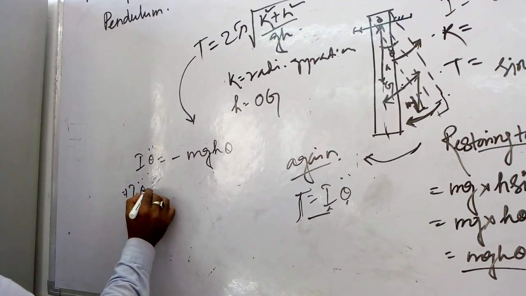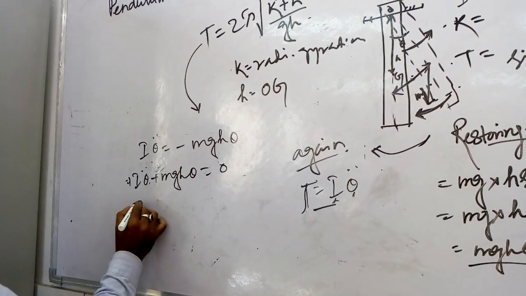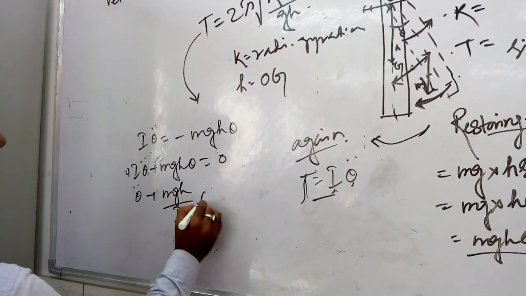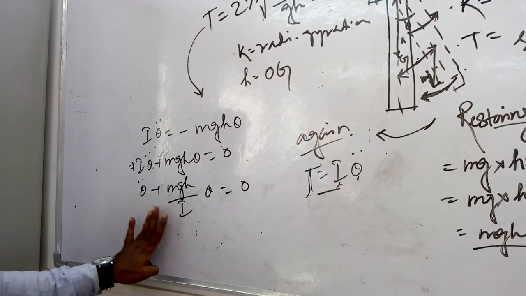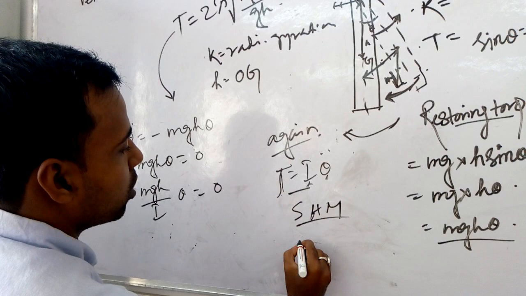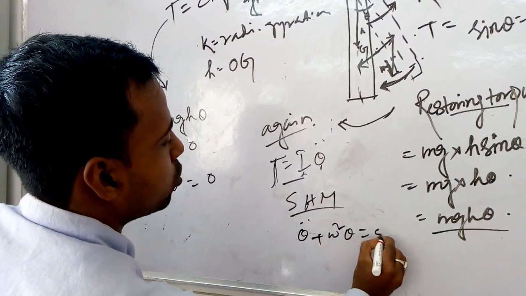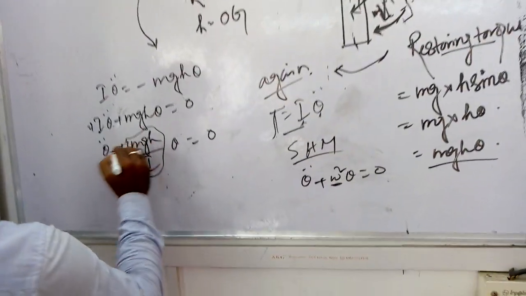So I theta double dot plus mg h theta equals 0, that is, theta double dot plus mg h by I theta equals 0. This equation is quite similar to the equation of simple harmonic motion, which is theta double dot plus omega square theta equals 0.